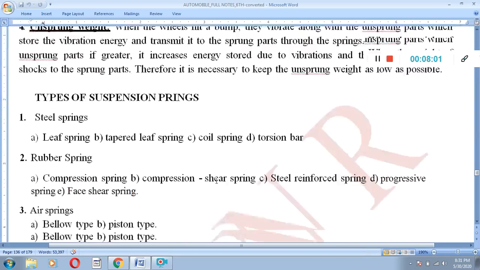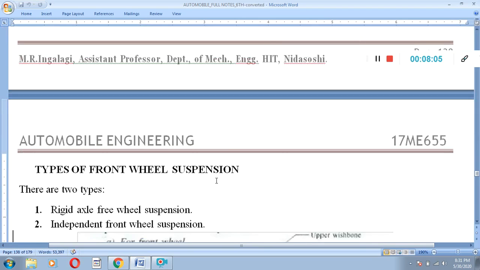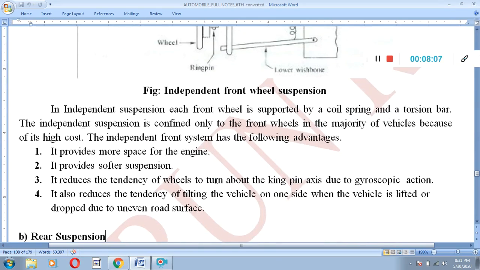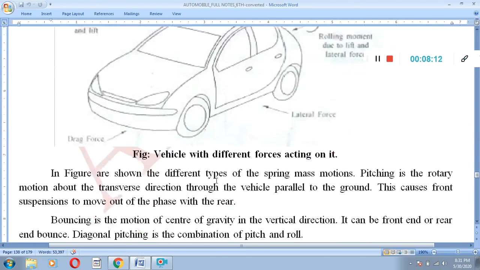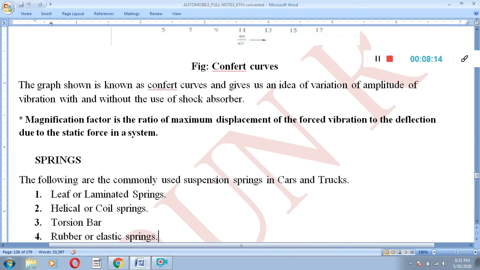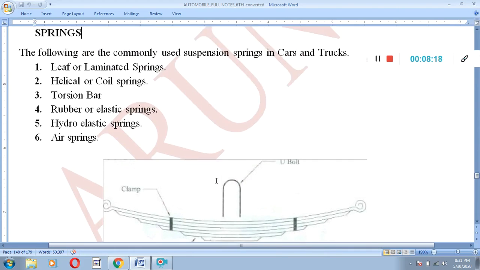Now, what are the different types of springs used for the suspension system? We'll discuss one by one. We have different types of suspension springs in cars and trucks.